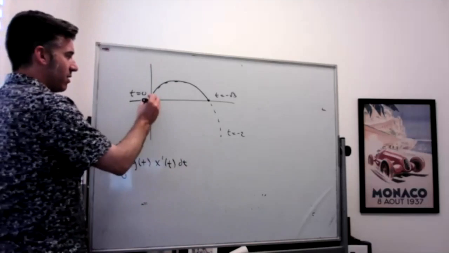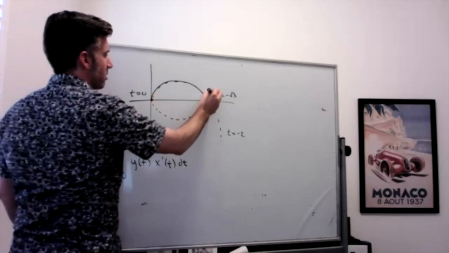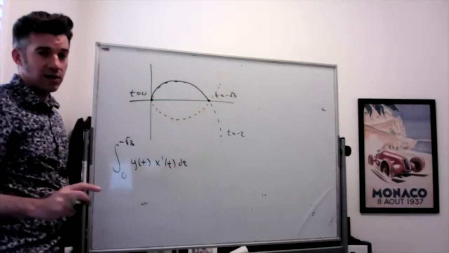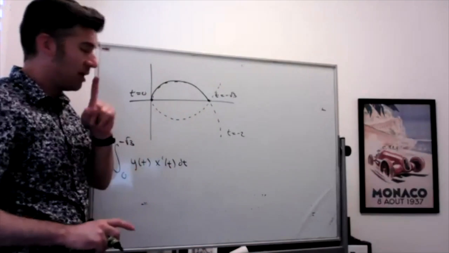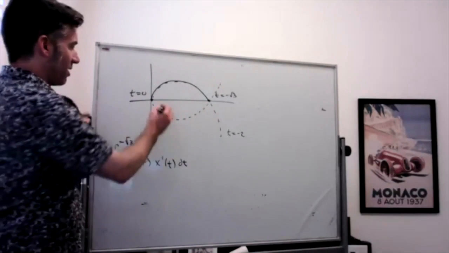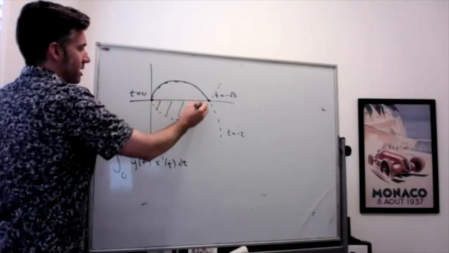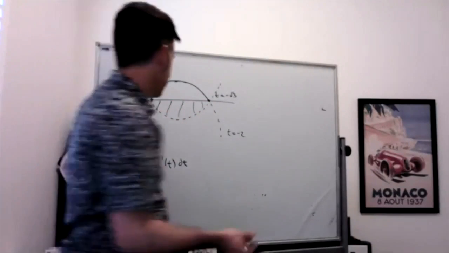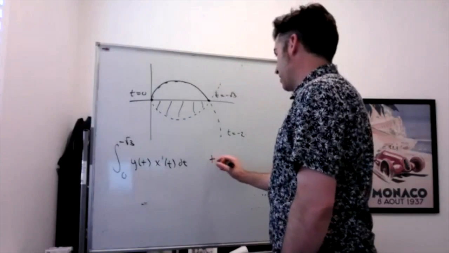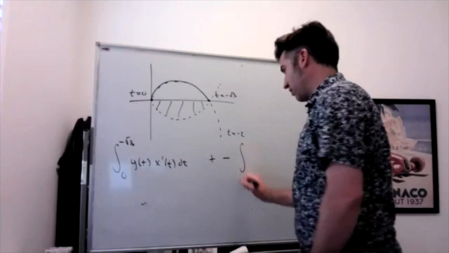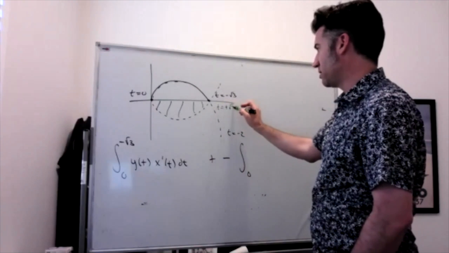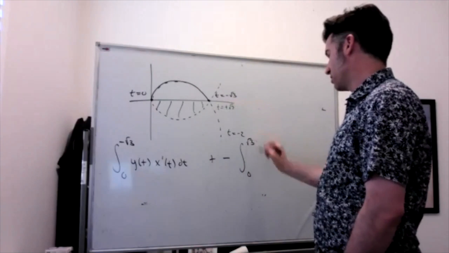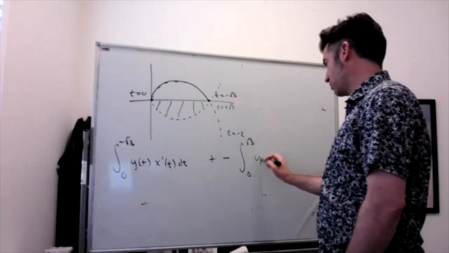And then from here to here, we would do the integral from 0 to +√3, except if we do that, since the area is under the x-axis, it is going to come out negative. So we want to add the negative of the integral from 0 to +√3 of the same function.